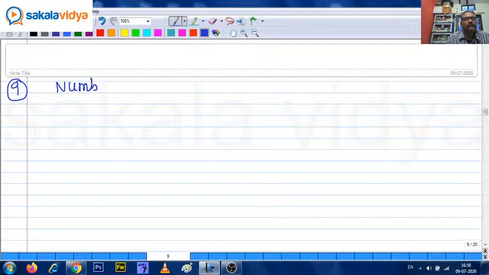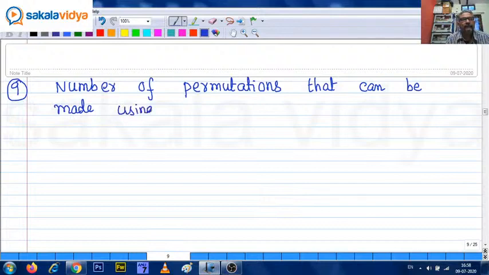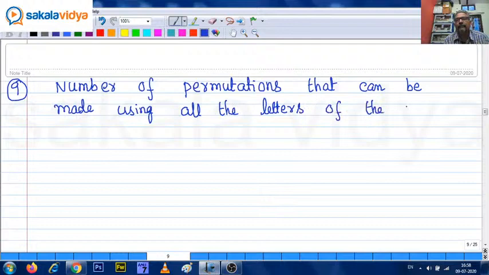Number of permutations that can be made using all the letters of the word matrix is.